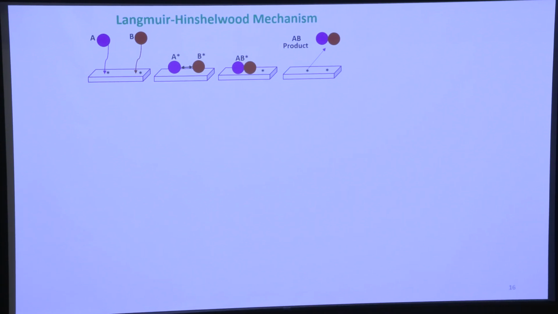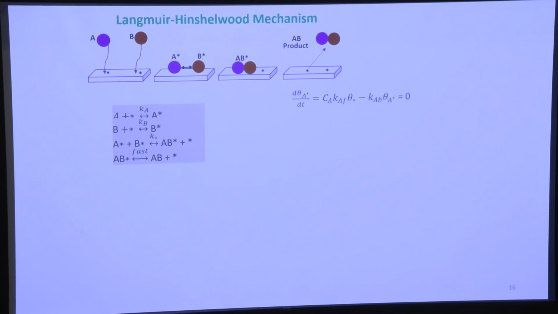This is one of the three dominant catalytic reaction mechanisms being studied. So you can write the reactions: A adsorbed to the surface, B adsorbed to the surface, and A and B react with a reaction rate. And then desorption is assumed to be very fast. If it's not fast, then your catalytic reaction is very slow.